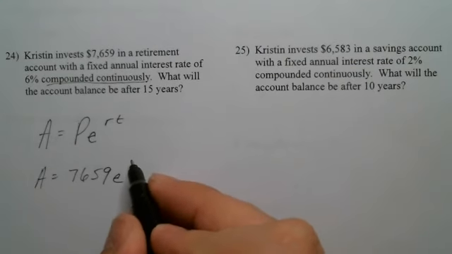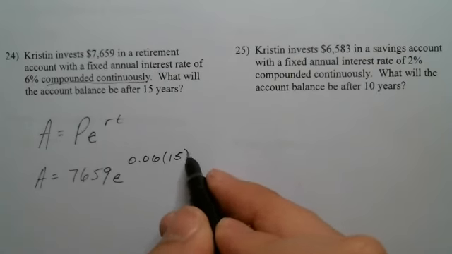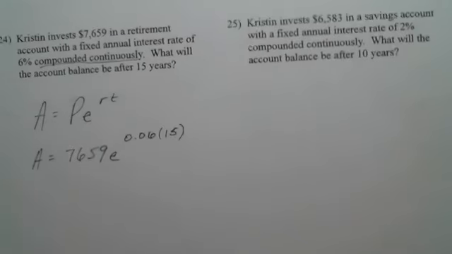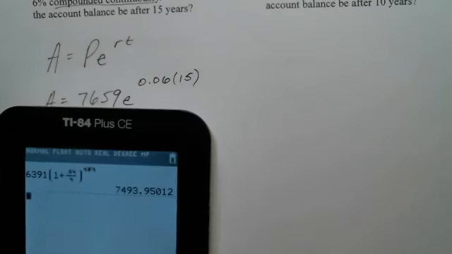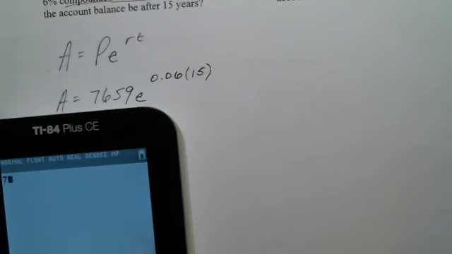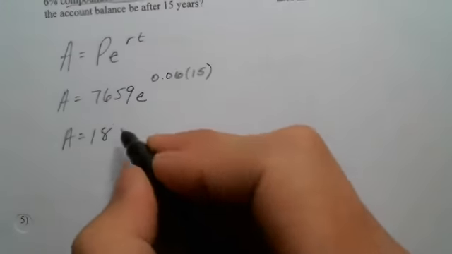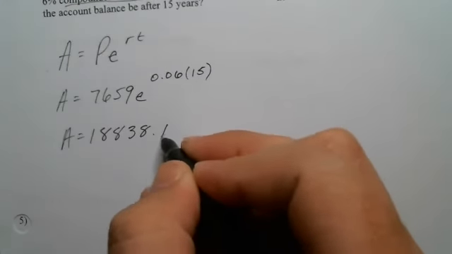The rate as a decimal is 0.06 times 15 years. I would just type that directly into my calculator. 7,659, second e, e's down there by the division bar, raised to 0.06 times 15. 18,838.10.